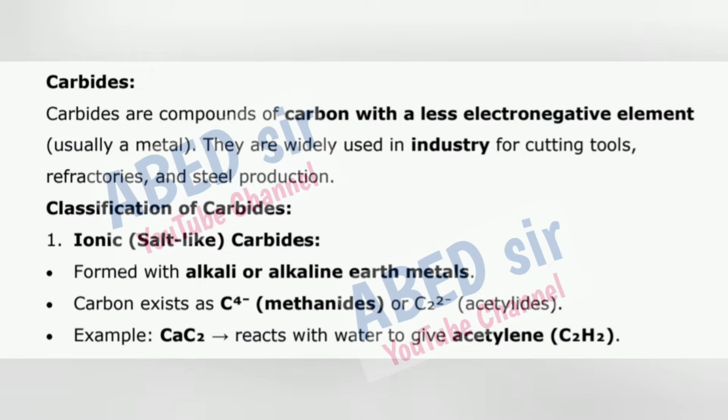Classification of carbides. 1. Ionic, salt-like, carbides. Formed with alkali or alkaline earth metals. Carbon exists as C⁴⁻, methanides, or C₂²⁻, acetylides. Example, CaC₂ reacts with water to give acetylene, C₂H₂.